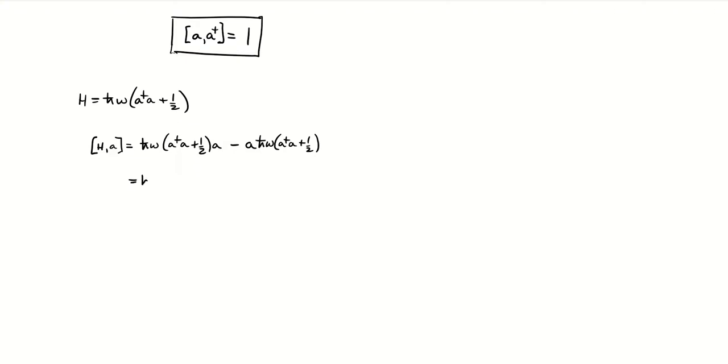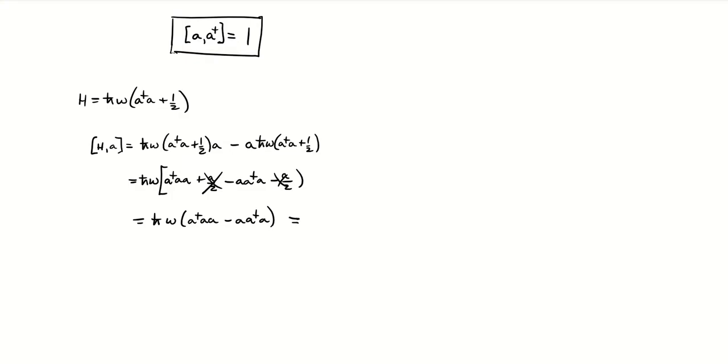And if we carry that all through, just keep that h bar omega way out front, we have A dagger A A plus A over 2 minus A A dagger A minus A over 2, right? So these terms cancel, and we end up with h bar omega times A dagger A A minus A A dagger A. We know how to do these commutation relations, right?